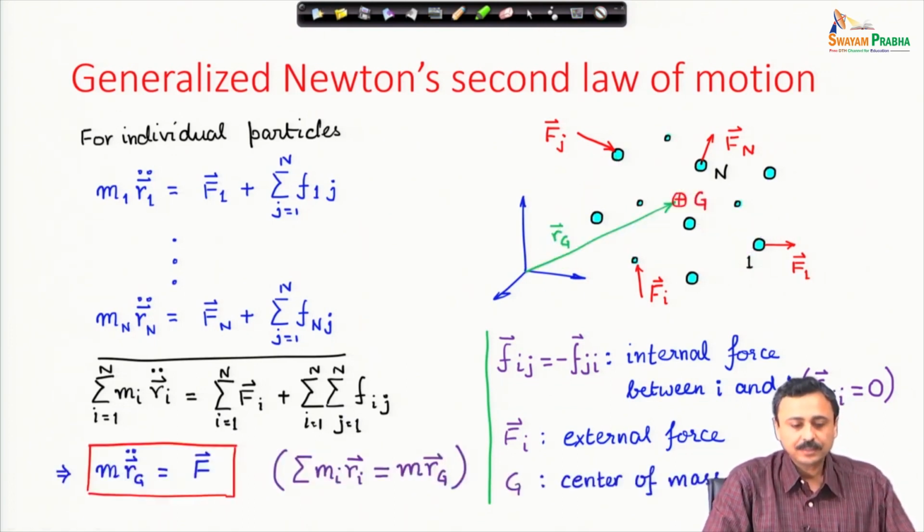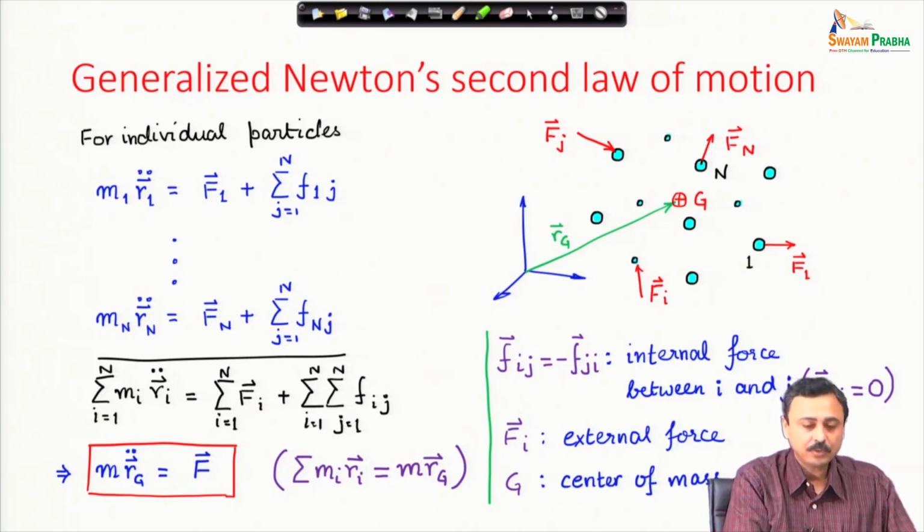What is left now is this form: total mass times acceleration of center of mass must be equal to the total external force applied. Here there is one step that needs to be pointed out. I have used this definition of center of mass.